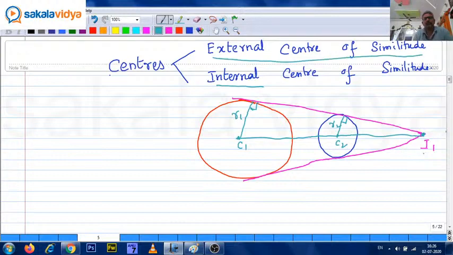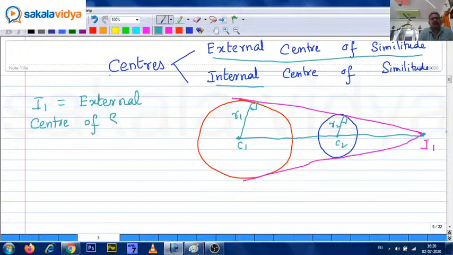So how to find I1? I1 is called the external center of similitude.